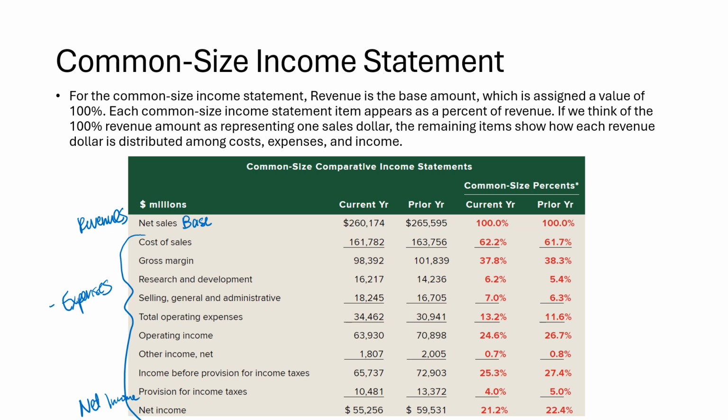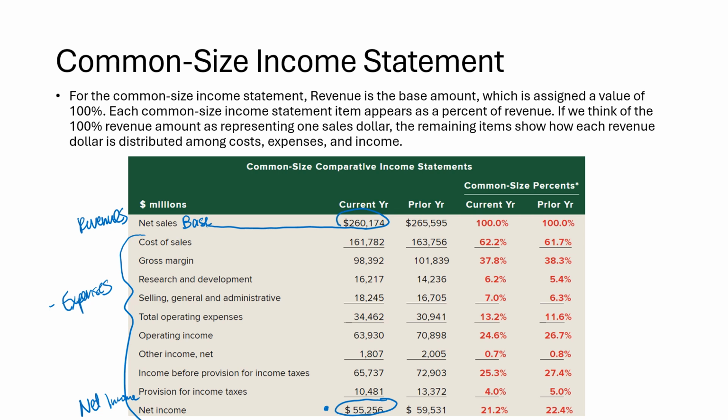So for instance, if you wanted to see the common size amount or ratio percentage of net income to revenues, you would take the net income amount, which is 55,256. You would divide that by the base amount, which is net sales.